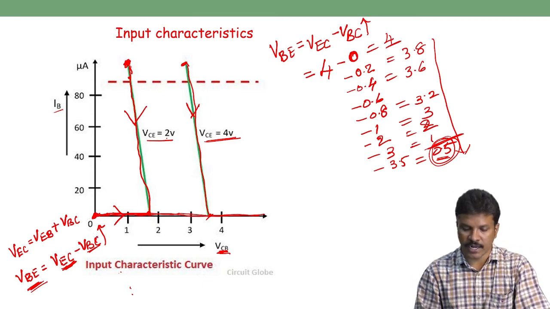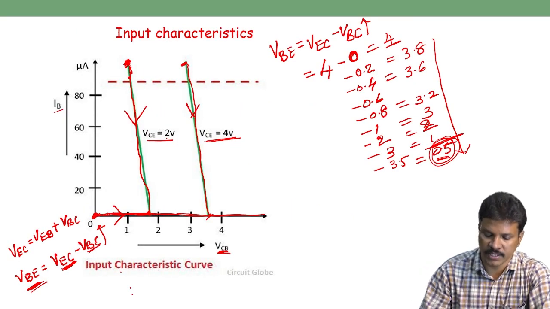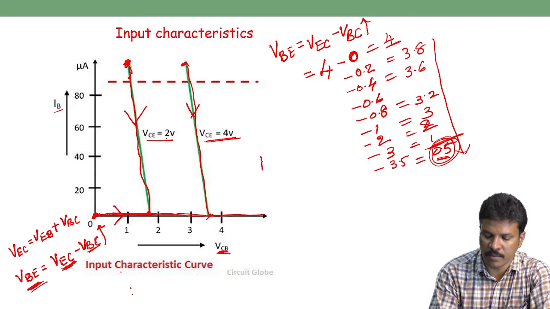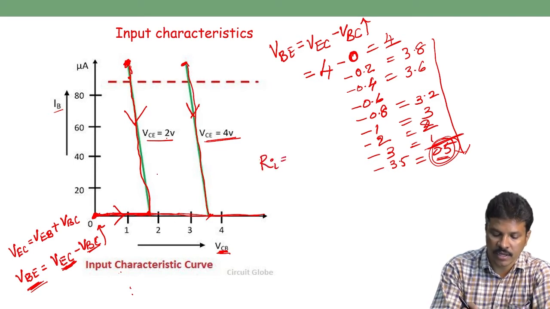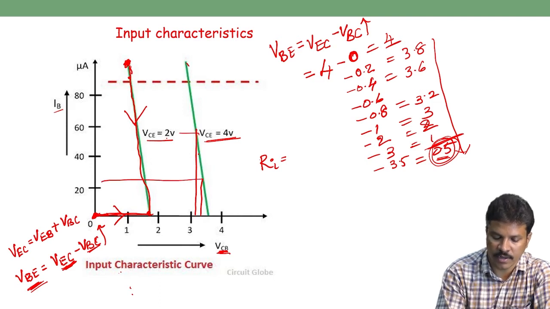From these input characteristics, we can measure, first, the input impedance or input resistance. Input resistance is nothing but, if you take this graph, I take one point, a change in voltage, 3.8 to 3.6, with the corresponding current.